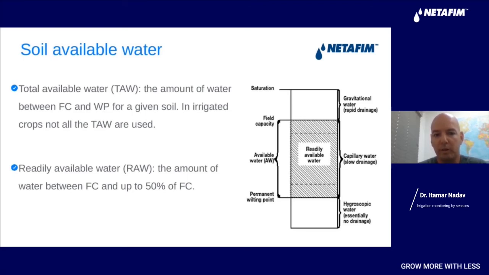So we can define the readily available water, or RAW, which is the amount of water between field capacity and up to 50% of the way to wilting point, which is basically reducing the amount of water from the total available water. We don't want to come near the wilting point because it will be harmful for the plant, and I will explain about it.